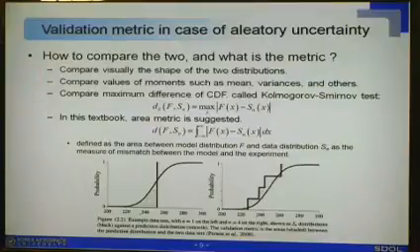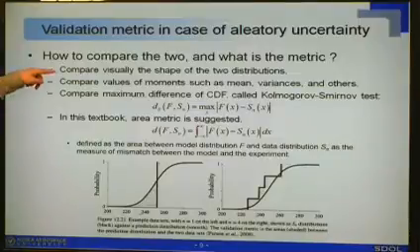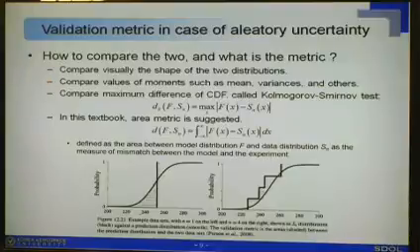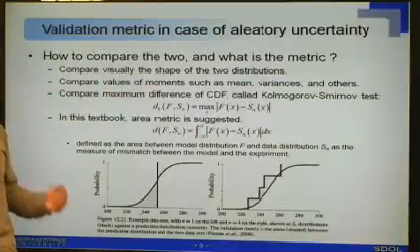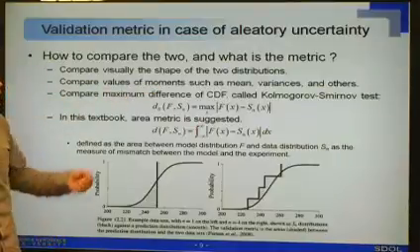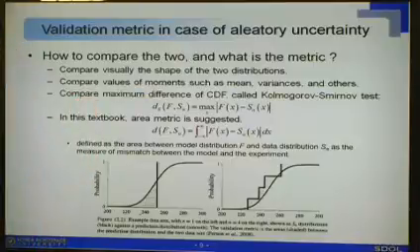At first, the easiest, the primitive way is just to take a look at the two results side by side, the figure of the distribution. And the next is a little more quantitative comparison. Compute the moments such as the mean, variance, and the higher moments like skewness and kurtosis.